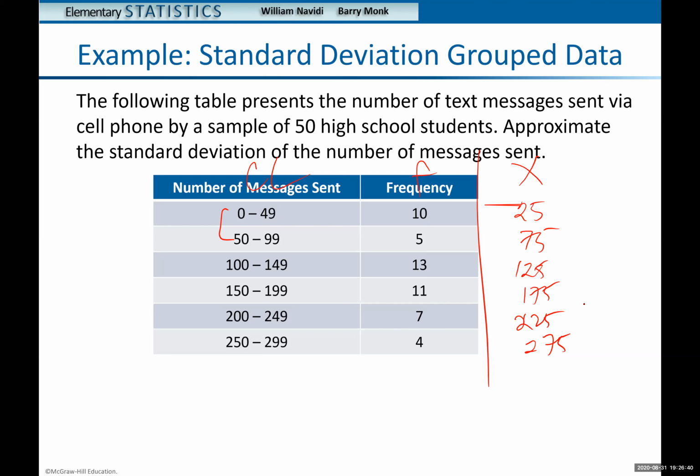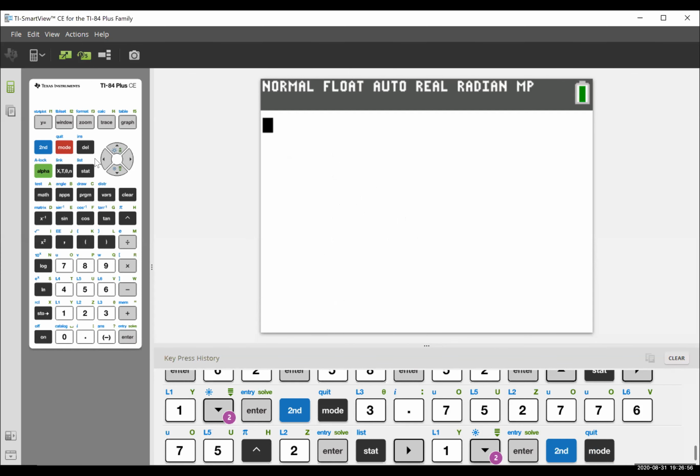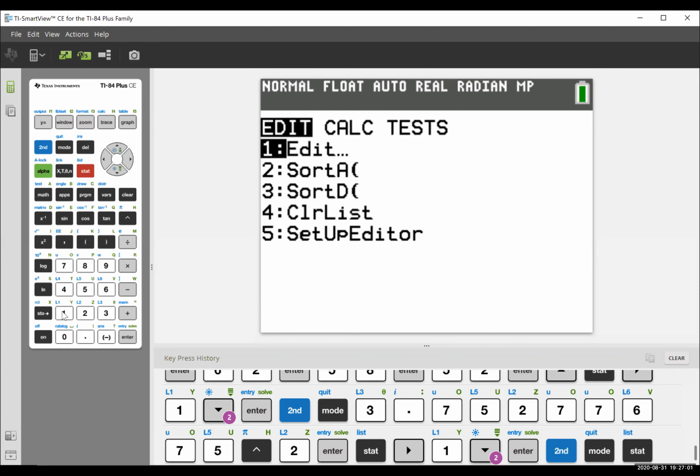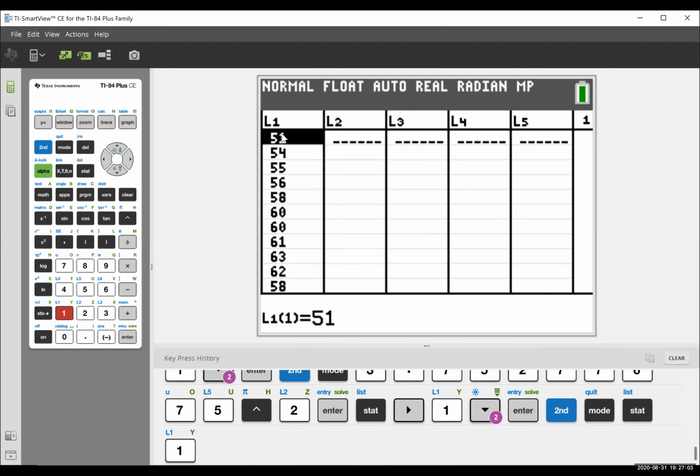Okay, I'll show it to you. So get a graphing calculator. Let's say go to the home screen. So stat 1, that is where you enter the data. If you have old numbers, you can delete all of these. First, you need to enter your class midpoints.